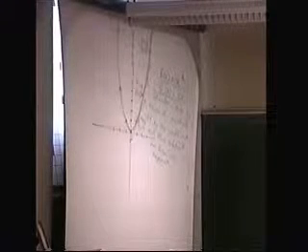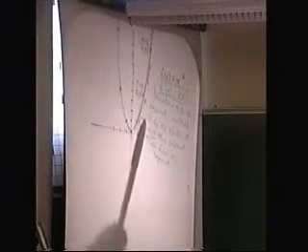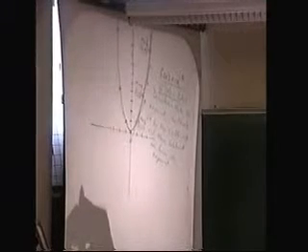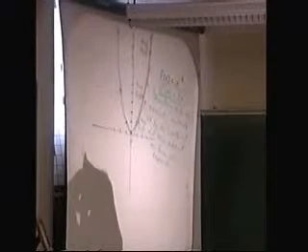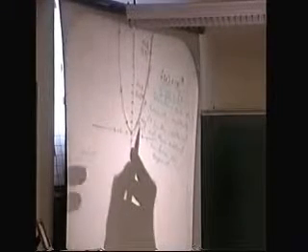Now what I'm going to have you do is find the equation of the tangent line in each case. I'd like you to find the equation of the line that goes through 1, 1 and has a slope of 2. How do I know the slope at these points, guys?